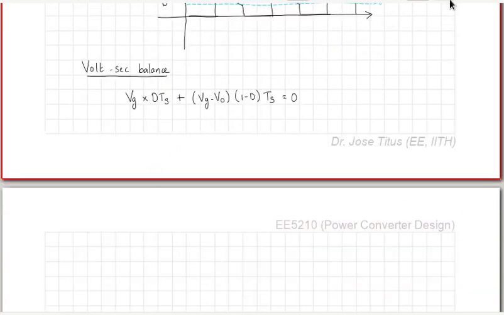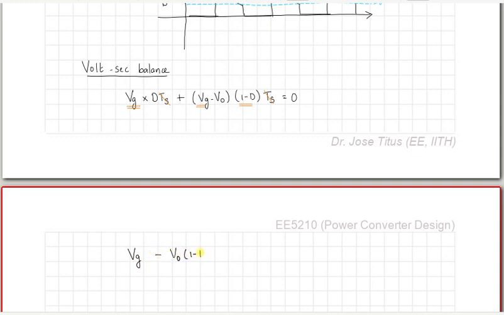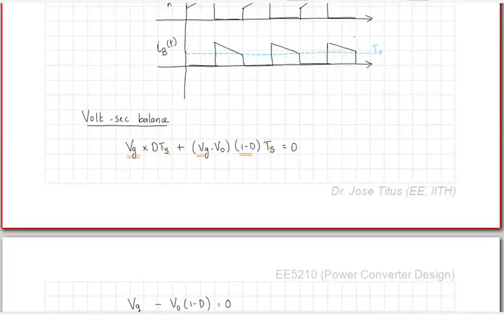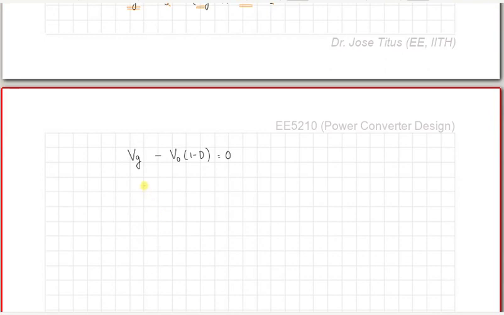If we simplify this expression, Ts cancels out, and you have Vg times d, and here you have (Vg minus Vo) times (1 minus d). This gives you the voltage gain of this circuit, Vo by Vg equal to 1 over 1 minus d.